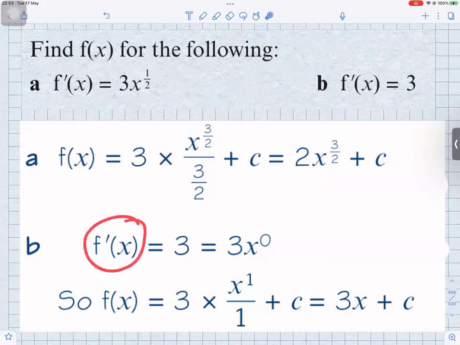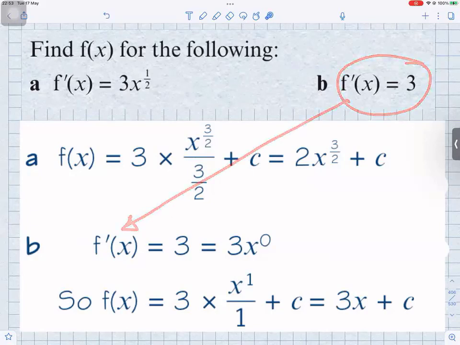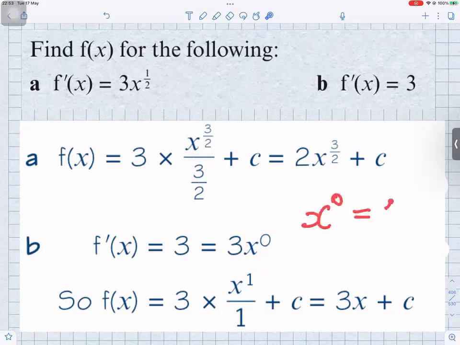F dash of x is equal to 3. To find y, we have to integrate. When you have just 3, you imagine there's x to the power 0 next to it. X to the power 0 is the same as 1. So this is the same as 3 times 1, which is 3.